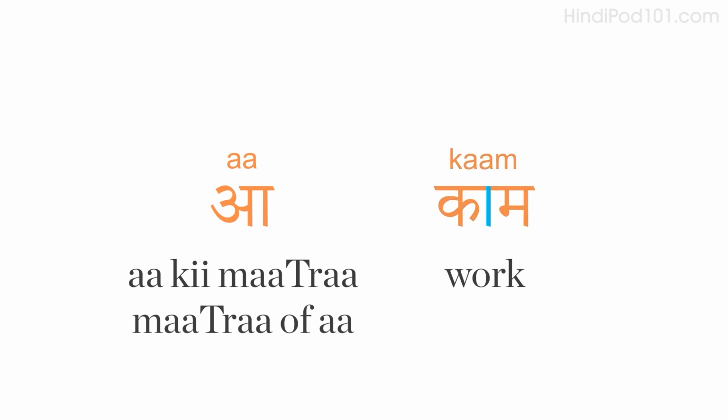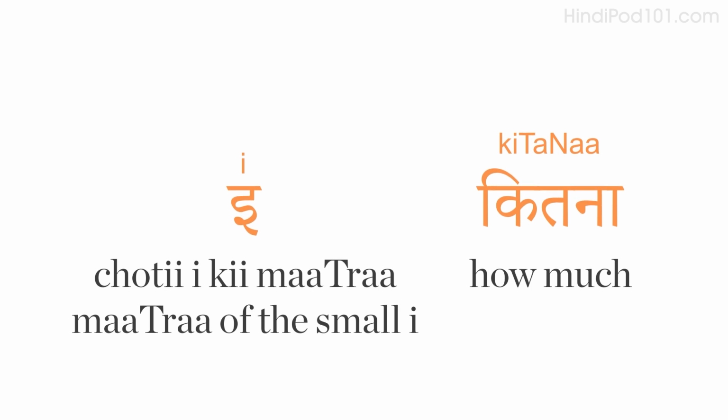See the vertical line between the letters K and M? This is the vowel A and is called A ki matra or matra of A. Whenever you notice this vertical line added to a consonant, you add the vowel A to that consonant. So, K becomes Ka.